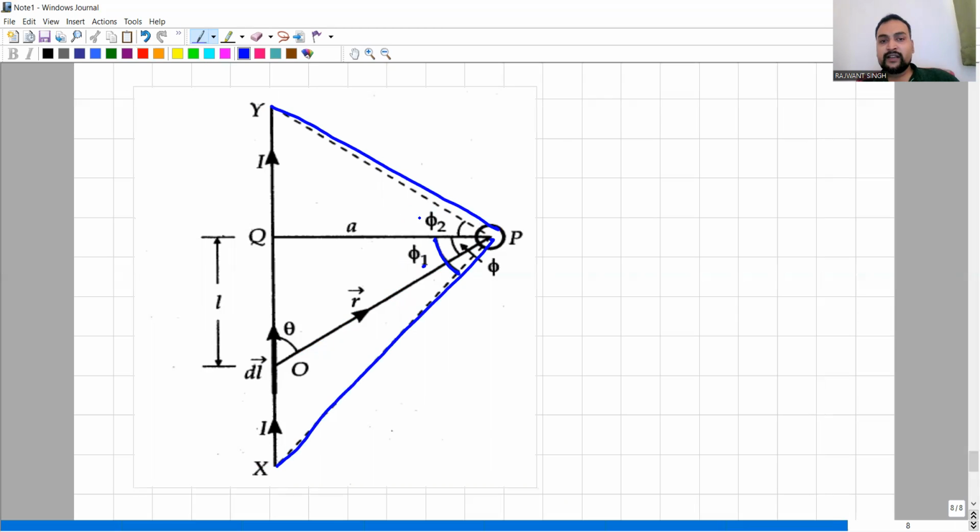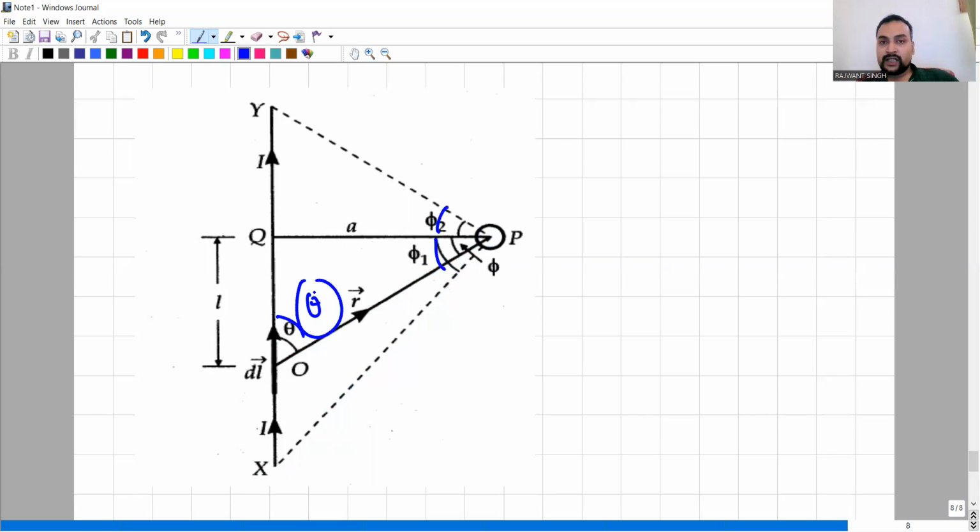Now be very clear about the angles. You have three angles here: theta, phi 1 and phi 2. This becomes confusing later on, so only use the phi and theta notation. Do not change this. Don't ever write these two angles as theta, or as alpha, beta or any other thing, because in every study material and every book these angles are written as phi.